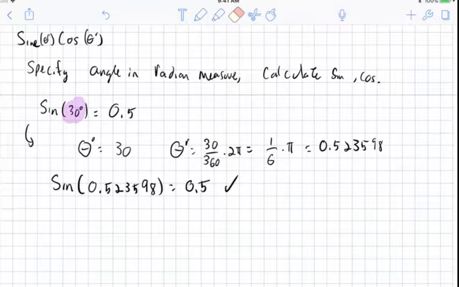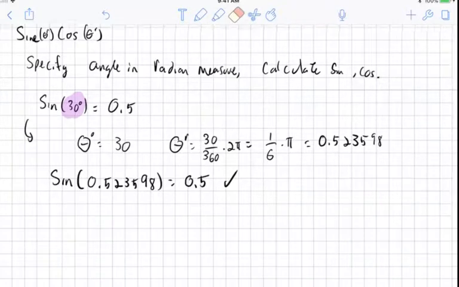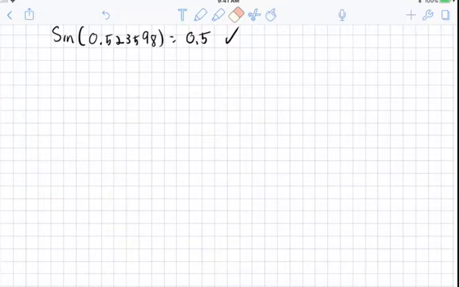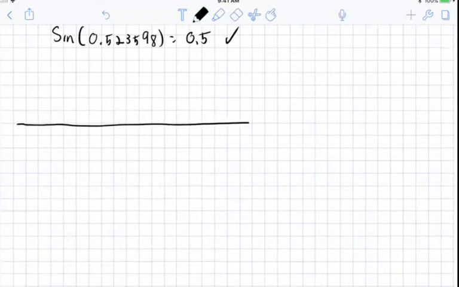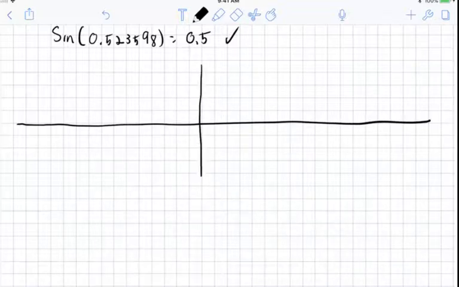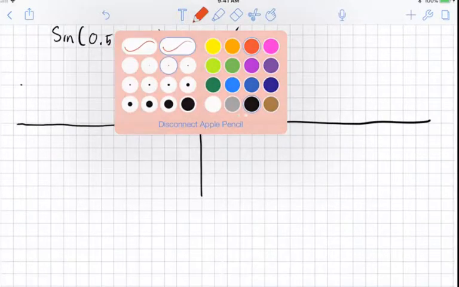So what do the graphs of sine and cosine in radian measure look like? Well, let's sketch it.